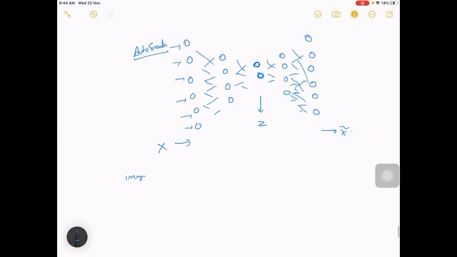If you take an image of a person, what maybe it will try to take is the skin color, is he wearing specs or not, what is the hair color, maybe is he smiling or not. Such kinds of outputs it may try to get from here.